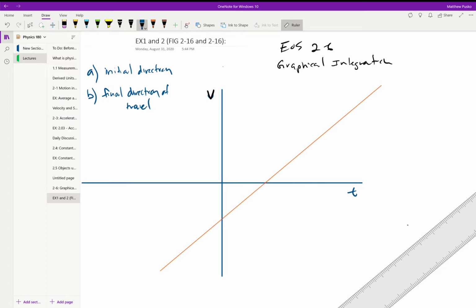Alright, so what direction is it going to start out with? And we'll call this t is equal to 0. And then if there's some point out here, what is its final direction of travel? Is it moving to the left or is it moving to the right?